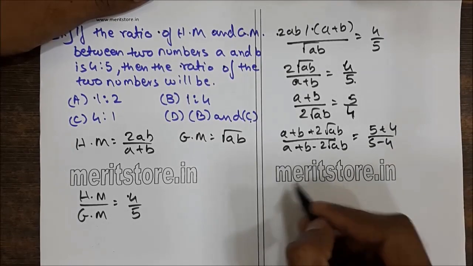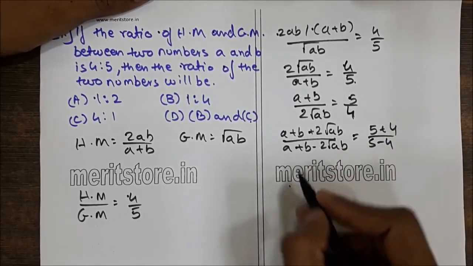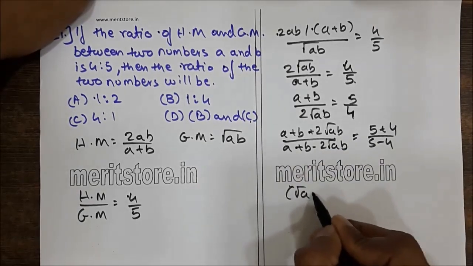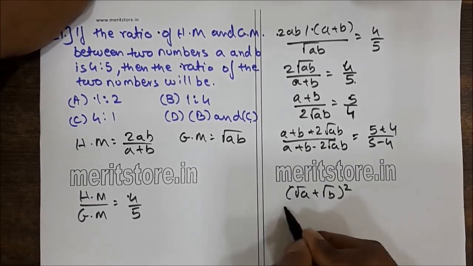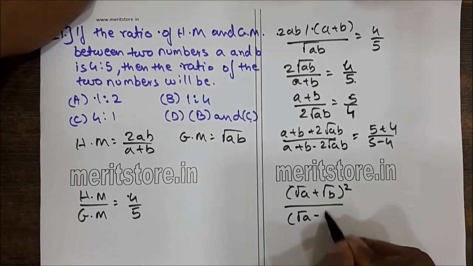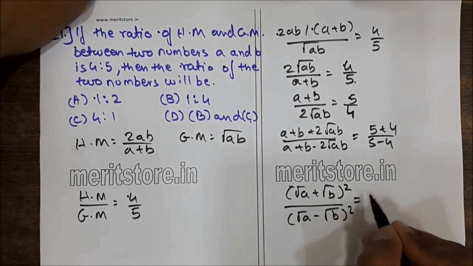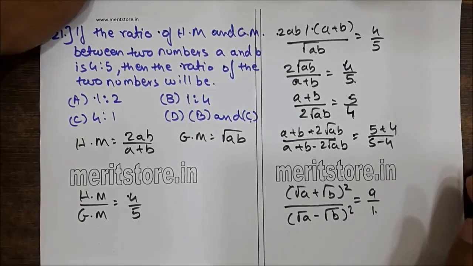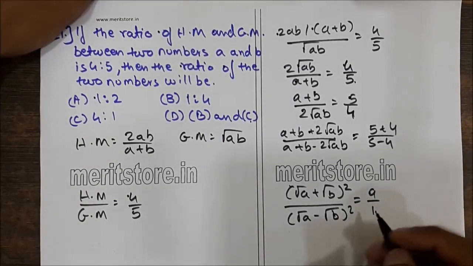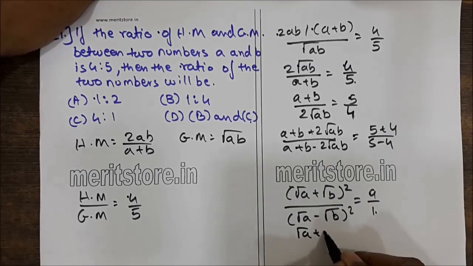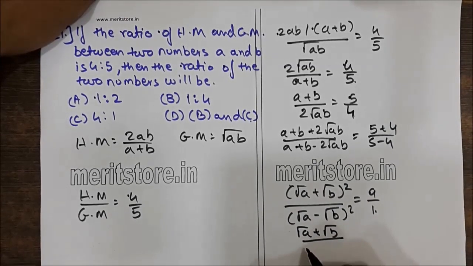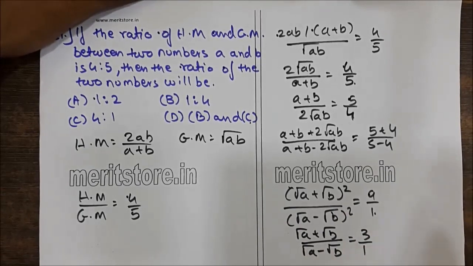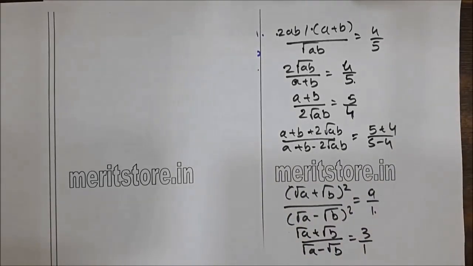Further solving this, we know this is A plus B the whole square, so we can write this as (root A plus root B) the whole square upon (root A minus root B) the whole square equal to 9 upon 1. So taking square root on both sides, we get (root A plus root B) upon (root A minus root B) equal to 3 by 1.